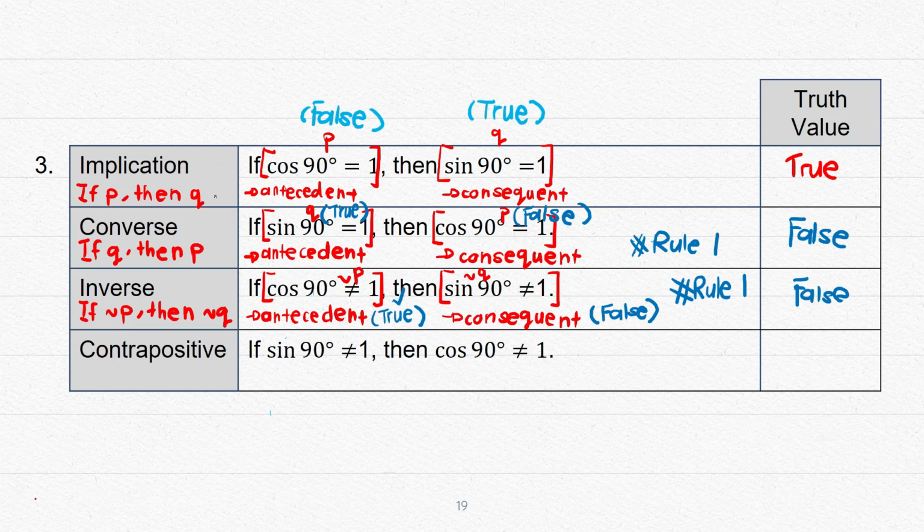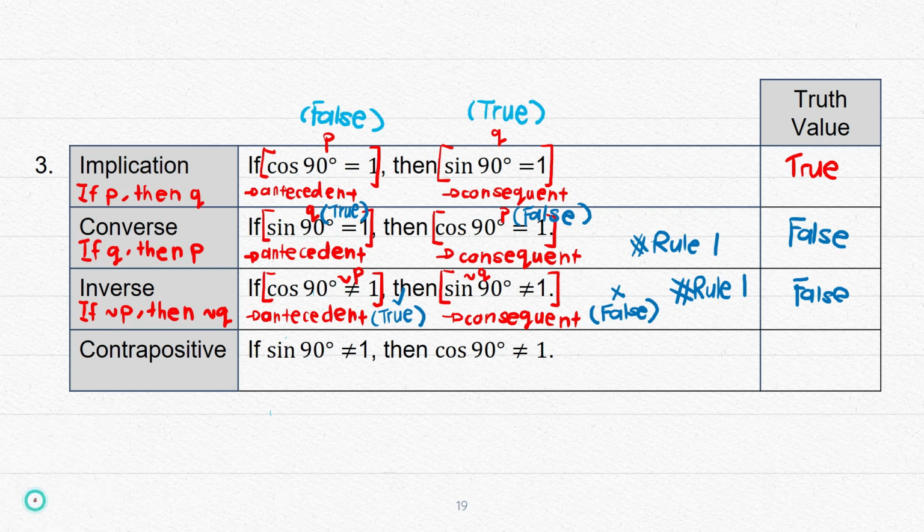But for the inverse, the antecedent is true and the consequent is false, so it becomes false.